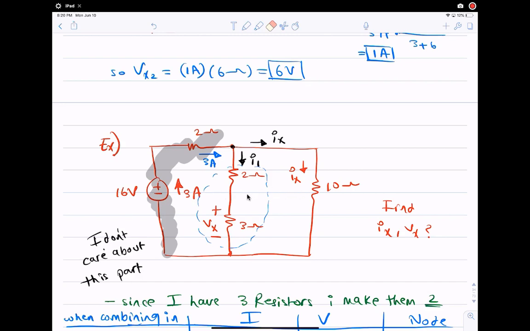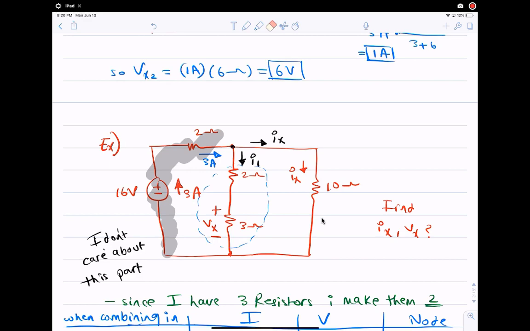If I made them in parallel, I have to have the current. That's why I did not care about the 16 volt. If I made the two resistors in series, I would be concerned about the 16 volt for that division part. But for sure, if I have two resistors in series and I know the current that goes through them, then I don't need anything else.